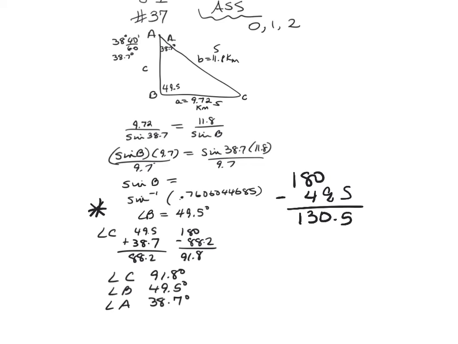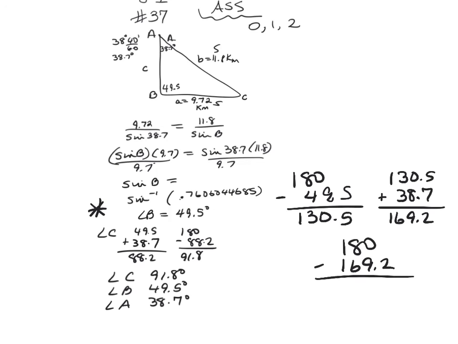I'm going to add that to my original given to see if there's anything left over for angle C. So once I add 38.7, I get 169.2, which tells me there is some degrees left over for angle C, which is going to be 10.8.